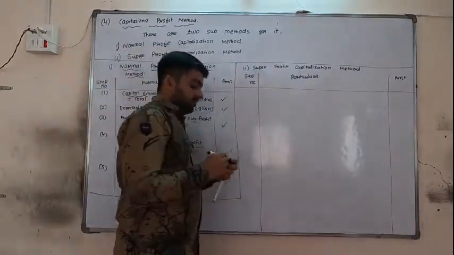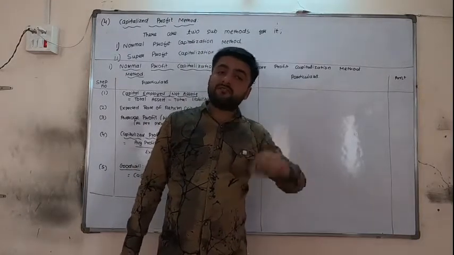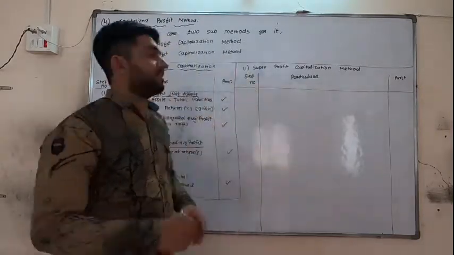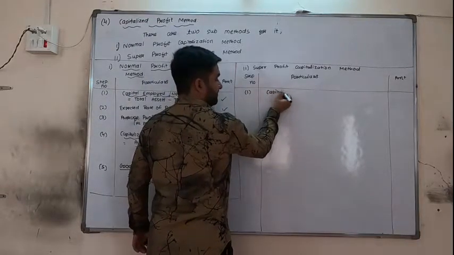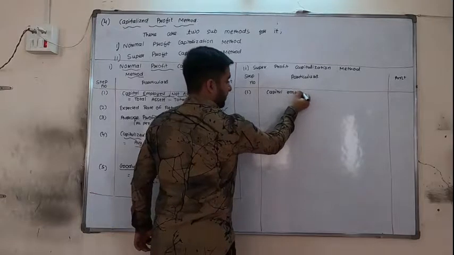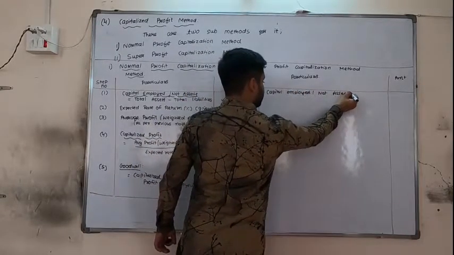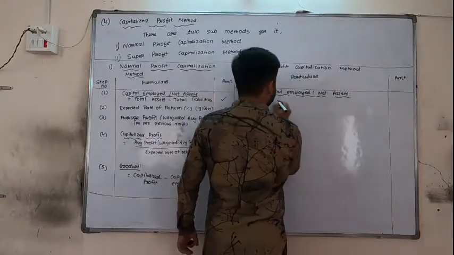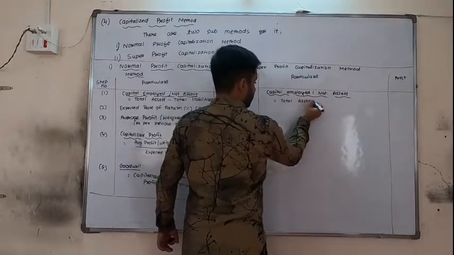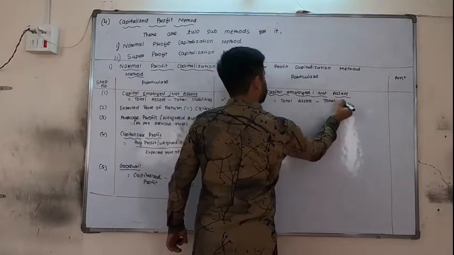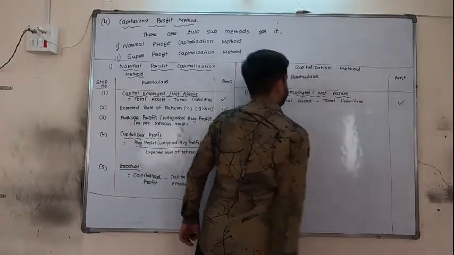Okay. Now, for super profit method, the steps which we have done, same 5 steps, only 6th step is different. For super profit method, first step was capital employed, or we call it as net assets, and formula was total assets minus total liabilities.